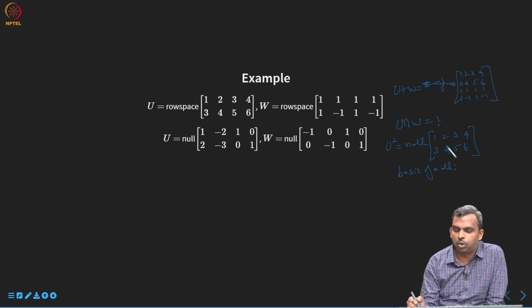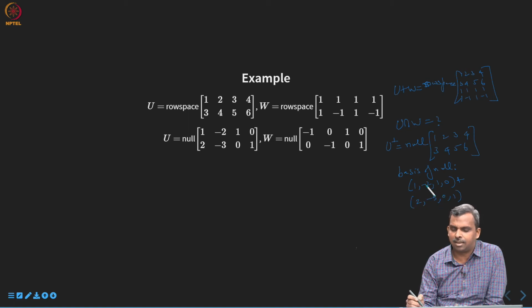You do the usual row elimination and find the basis of the null space, you will find that to be 1, minus 2, 1, 0 and 2, minus 3, 0, 1.